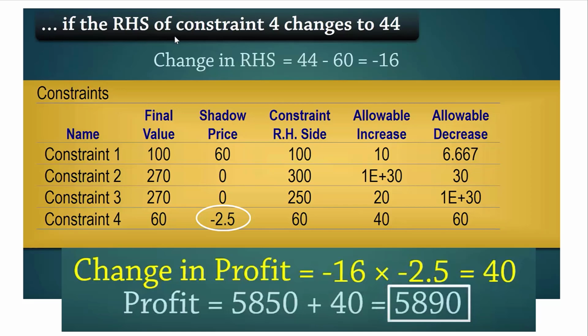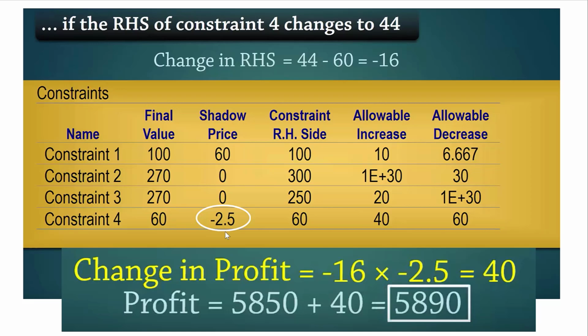C. If the right hand side of constraint 4 changes to 44, we know the right hand side of constraint 4 is 60. So if we change from 60 to 44, the change will be minus 16, the new right hand side 44 minus the old right hand side 60. So the change in profit will equal minus 16 multiplied by the shadow price.